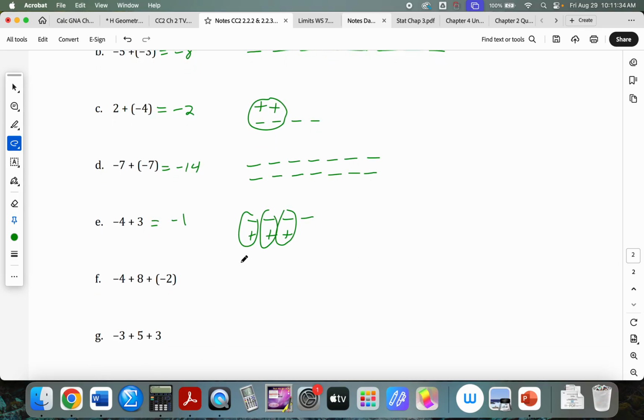All right, so this one, we have 4 negatives, followed by 8 positives. Followed by 2 negatives. I'm going to put the 2 negatives here. So that's a 0, that's a 0, that's a 0, that's a 0, that's a 0, and that's a 0. So the value is 2.